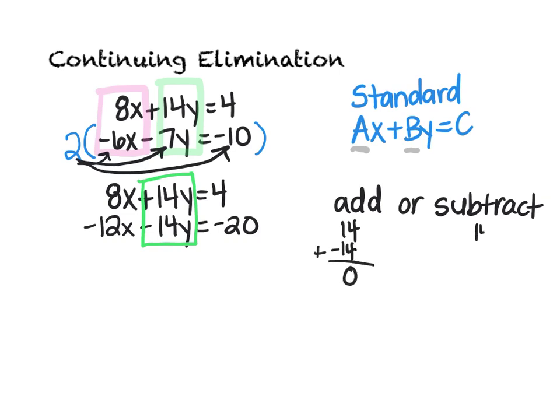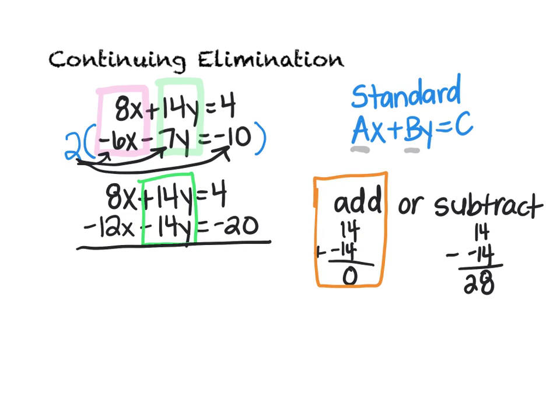If I subtract 14 minus negative 14, that's going to give me 28. And we don't want to get 28. We want to eliminate. So in this situation, we are definitely going to add because we want to eliminate and equal 0.